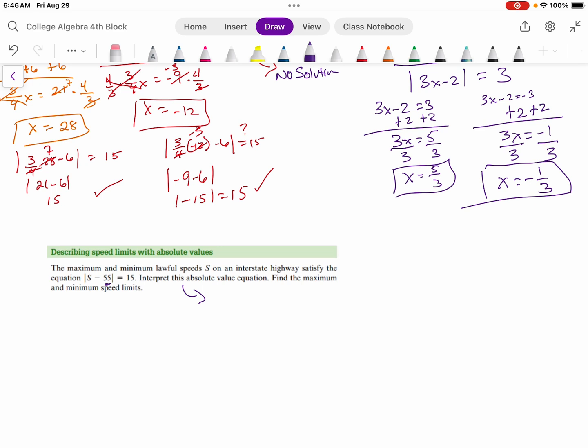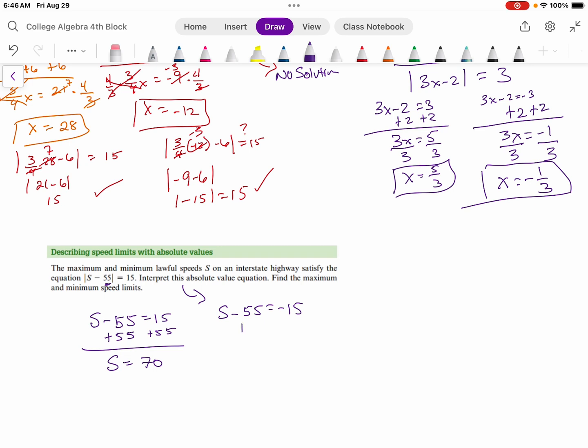Since that absolute value bar is isolated and it's equal to a positive number, we can say s minus 55 equals 15, and s minus 55 equals negative 15. We then add the 55 across, and we get s is equal to 70.